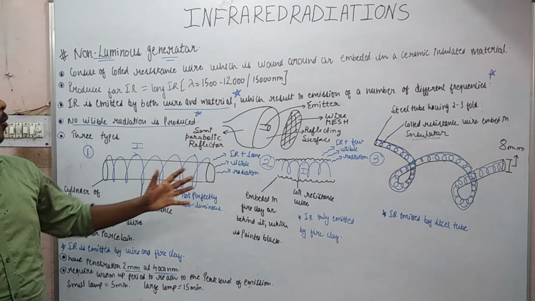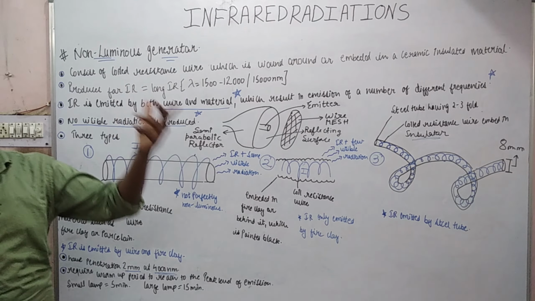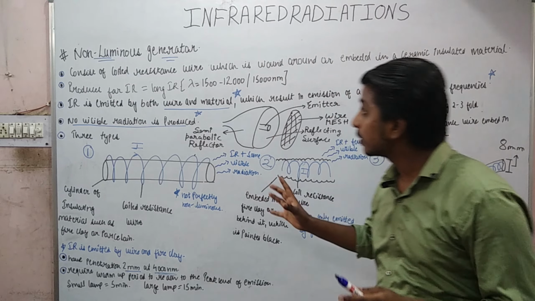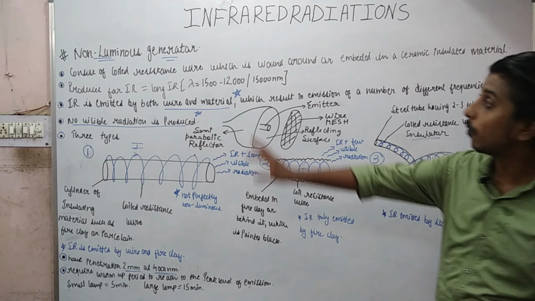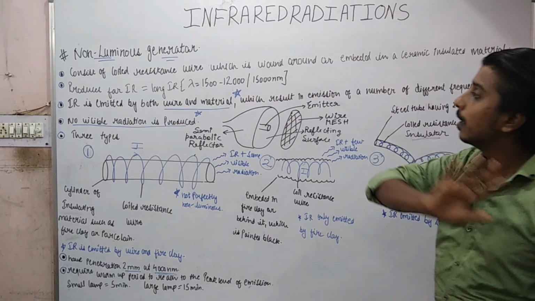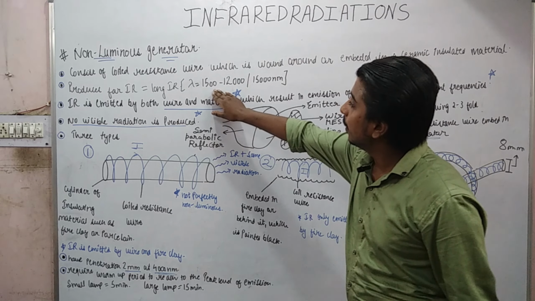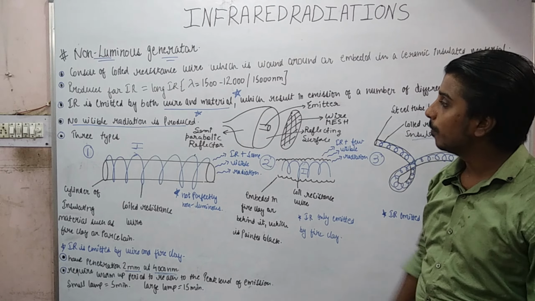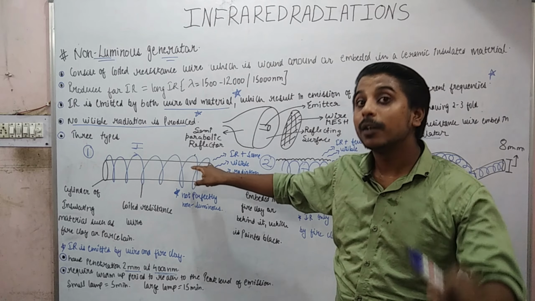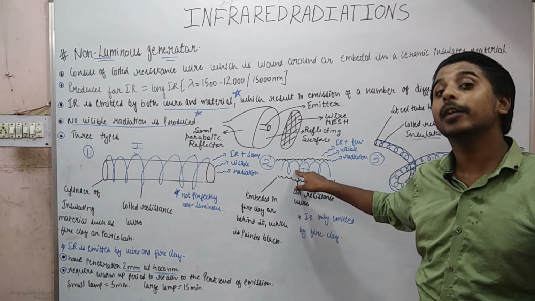This is the whole about the non-luminous generator. Hope you understand this. I will summarize it again for you. Coil resistance wire gives long IR of 1500 to 15,000 nanometer. The first two types have non-insulated resistance wire.